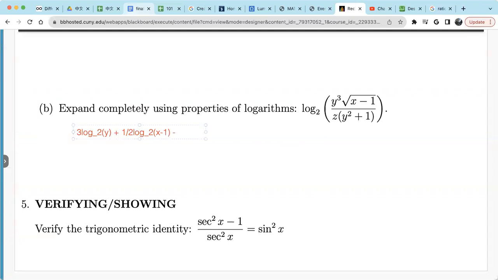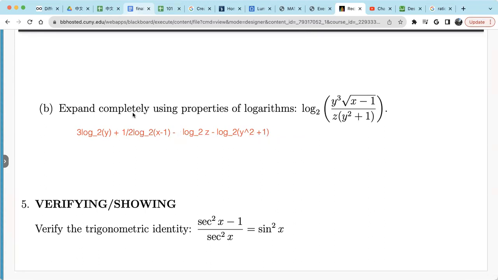So that's our numerator. Now the denominator terms are negatives. So in the denominator we have log base 2 of z, then minus log base 2 of y squared plus 1.